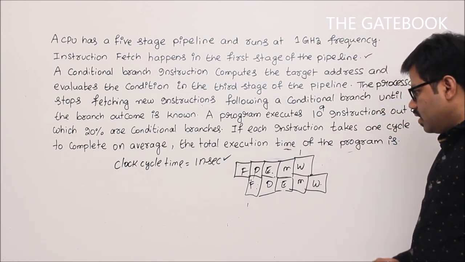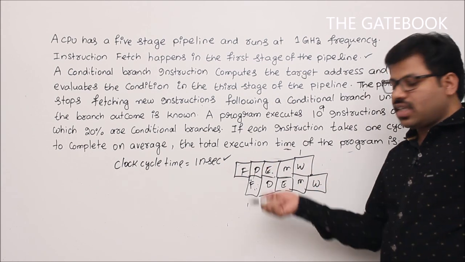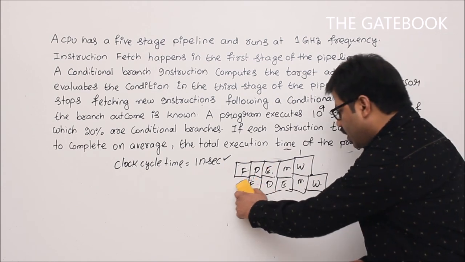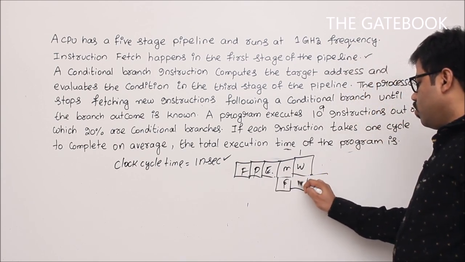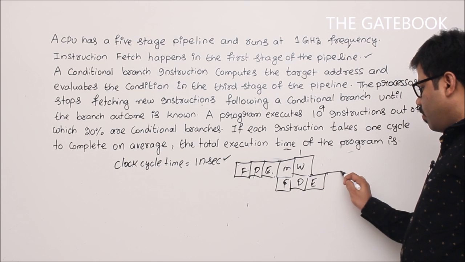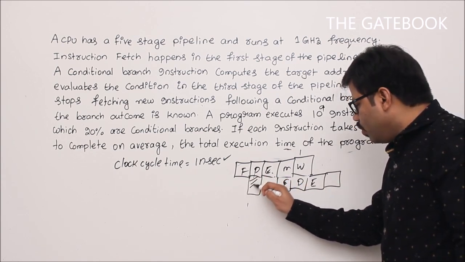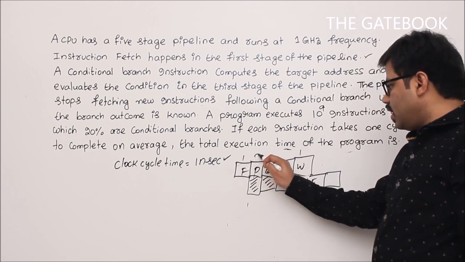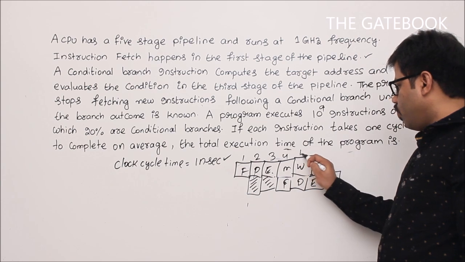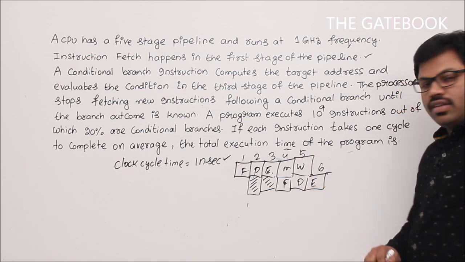So what I want to say is, if you fetch here, then obviously every instruction takes only one clock cycle, but you did not do that. What you did, you fetched here. Because of that, this place is empty, you wasted it, this place is empty. If you see the timings, 1 2 3 4 5, the next instruction should take only one clock cycle, correct?